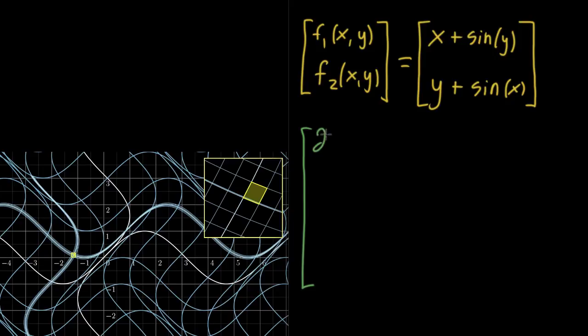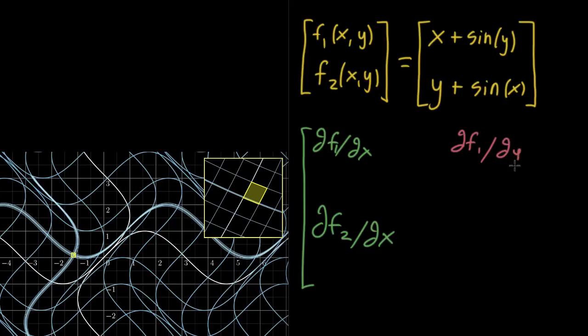You take the partial derivative of f1, that first component, with respect to x, and then the partial derivative of the second component with respect to x. And then on the other column, we have the partial derivative of that first component with respect to y, and the partial derivative of that second component with respect to y. And we'll close off this matrix.